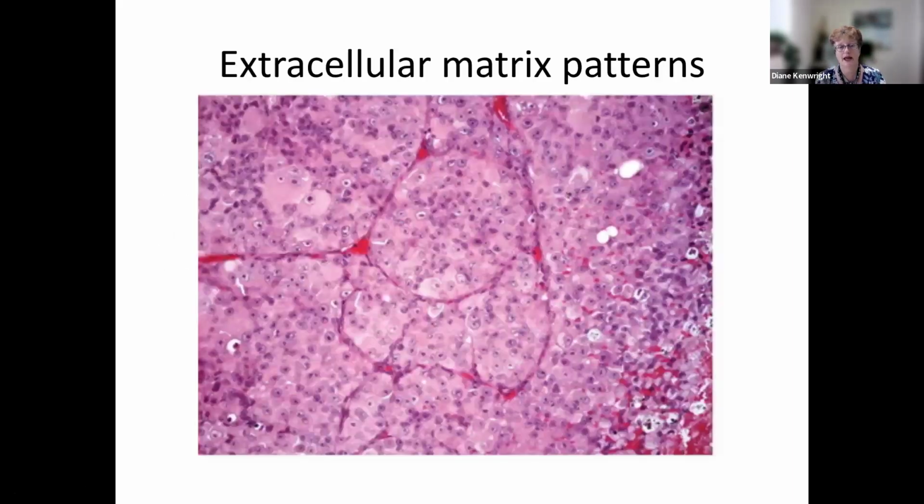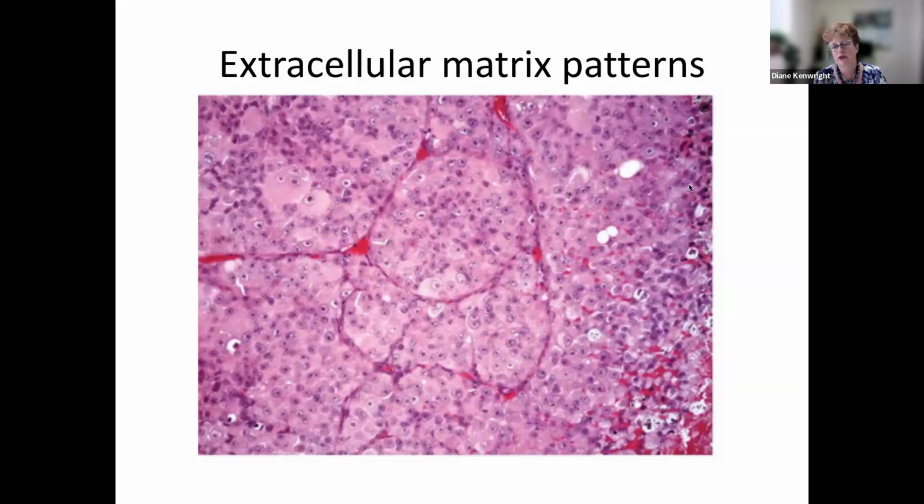So what do we mean by extracellular matrix patterns? This is a lovely epithelioid melanoma. What it's doing is releasing lots of VEGF, and the VEGF is causing vascular proliferation. This vascular proliferation is causing loops. See the big loop here? And there's a loop here, and a loop here, and a loop here, and heading off here, another loop.